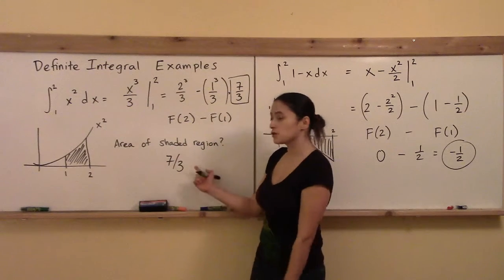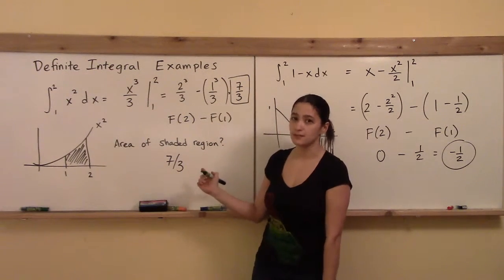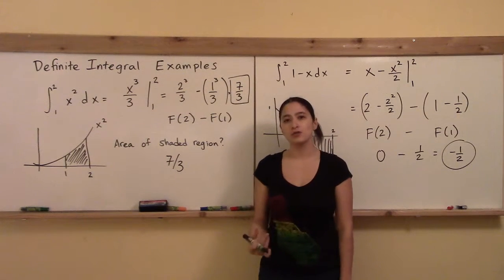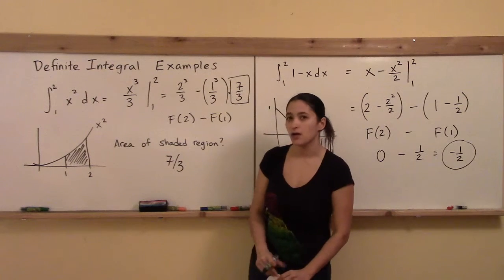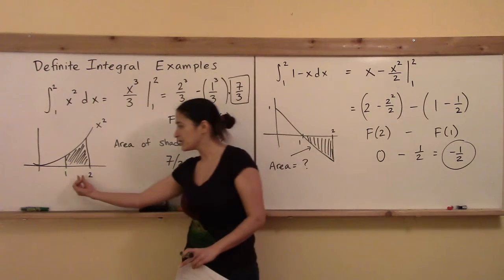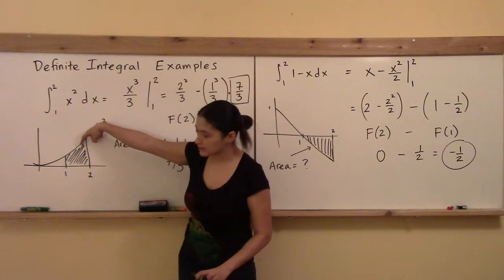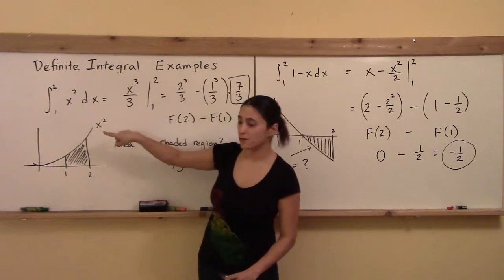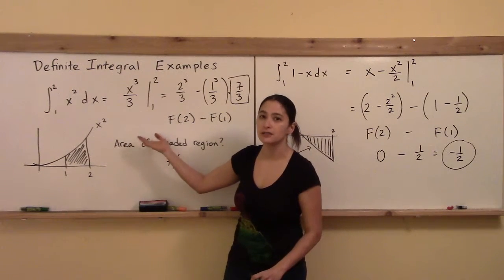When the area is located above the x-axis, then that area has a positive sign. It all goes back to those little rectangles that I was defining in the FTC video. Remember, the width of the rectangle was dx, and the height of the rectangle was the function value. So when the function is above the x-axis like this, that results in a positive number.